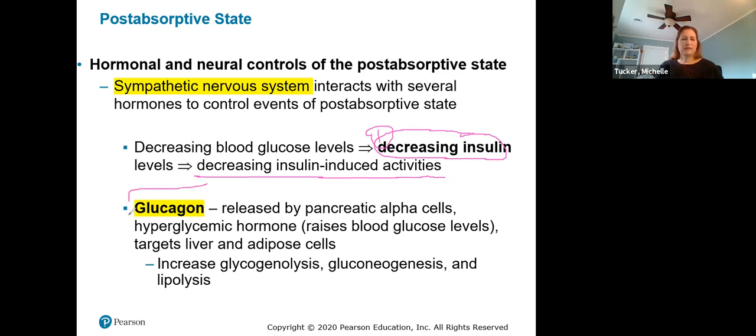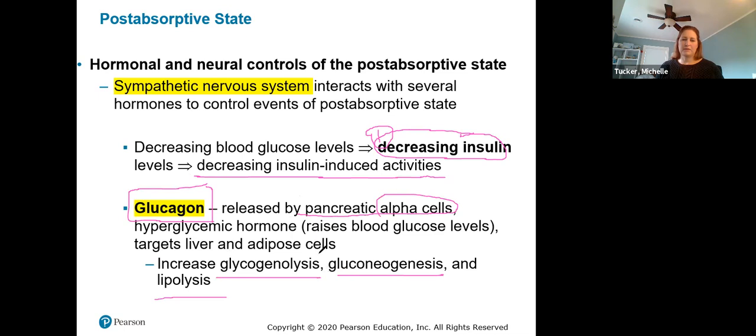Then we have glucagon, which you might be familiar with from 1141, which is released in response to low blood glucose that stimulates the pancreatic alpha cells to secrete glucagon. Glucagon increases glycogenolysis and gluconeogenesis and lipolysis.